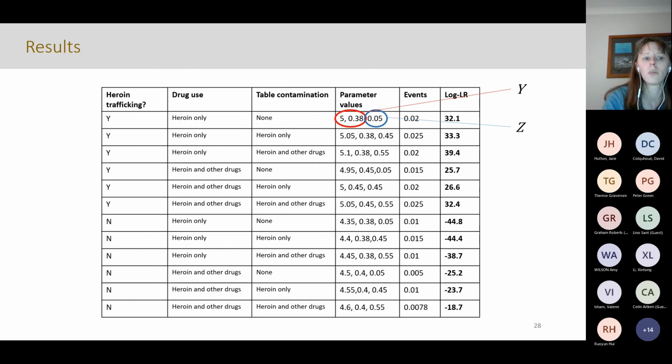We've got whether the notes traffic, whether they're heroin trafficking, for example, yes or no. Did the customer use heroin only or heroin and other drugs? Was the table contaminated with heroin and other drugs, or no drugs at all? For all of these different scenarios, we came up with some sensible parameter values that were used to evaluate what Y is and what Z is.